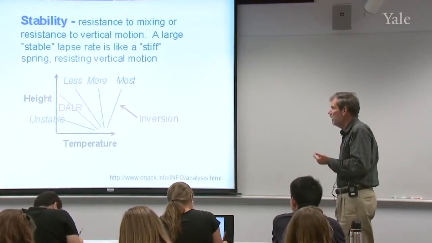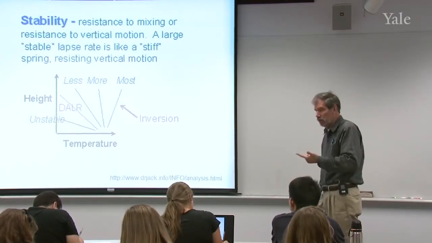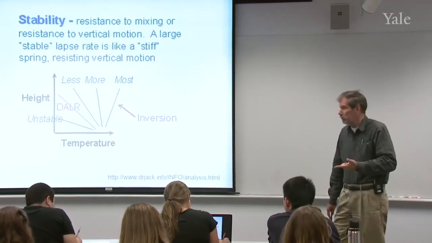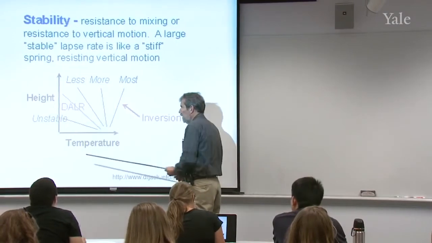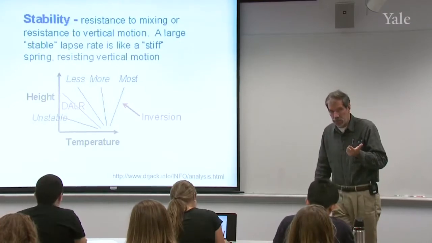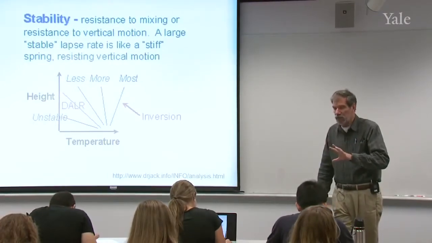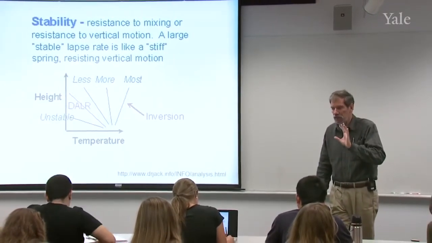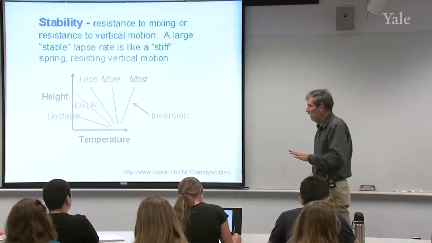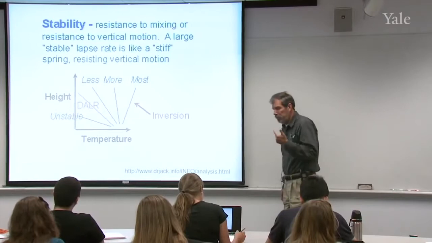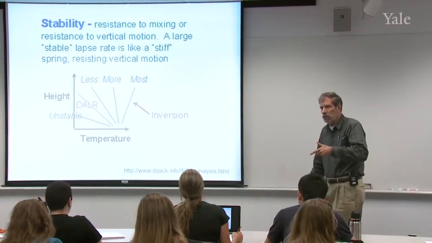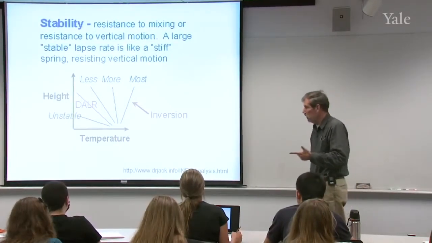That's the dry adiabatic lapse rate. I call it just the adiabatic lapse rate, but it's good to call it the dry adiabatic lapse rate because inside a cloud, that takes on a different slope. So this is the one when you're outside a cloud, there's no water vapor condensing, so we'll call it the dry adiabatic lapse rate. And all these other curves are possible actual atmospheric lapse rates.